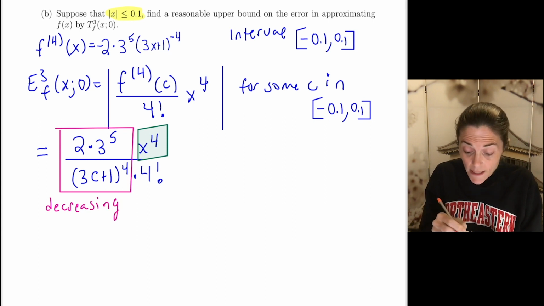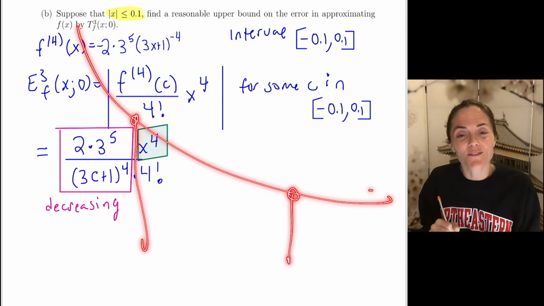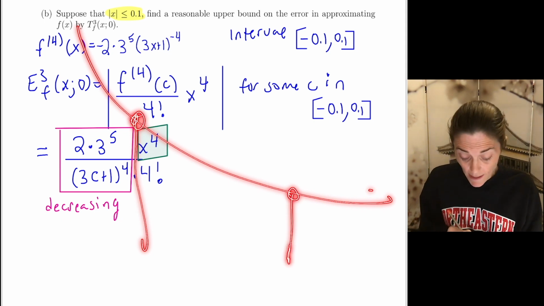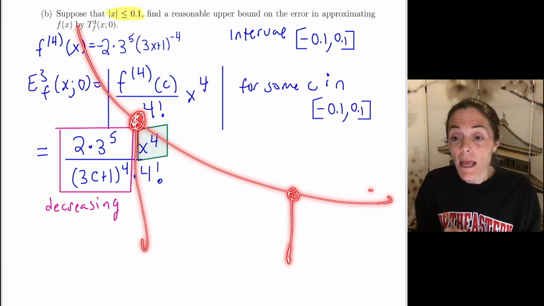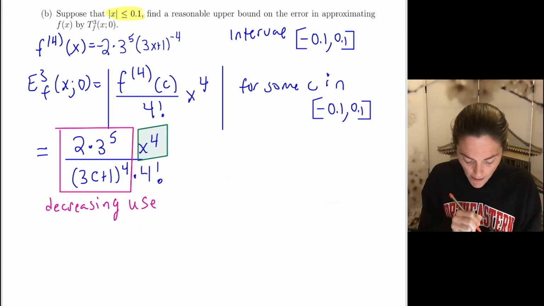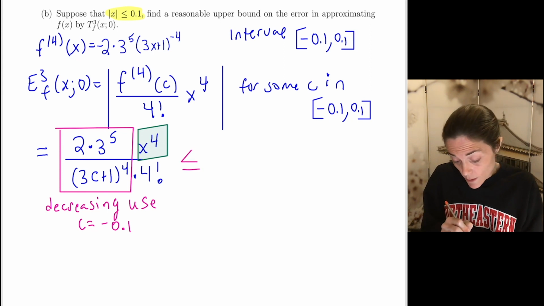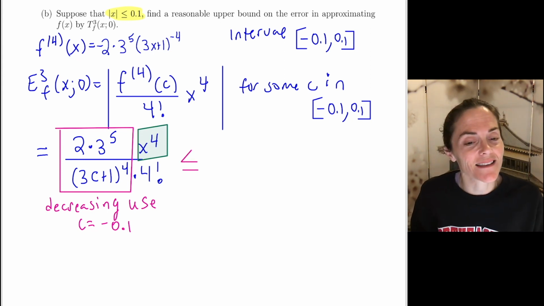If you have a decreasing function on a closed interval, the largest it can be is at the left endpoint. And so we will use c equals negative 0.1. This will be our first less than or equal to in this two-step process.